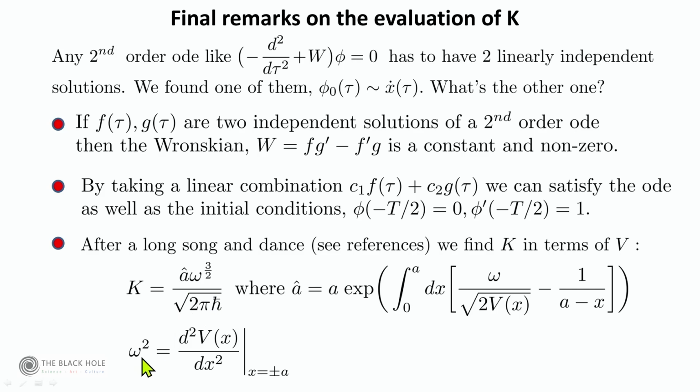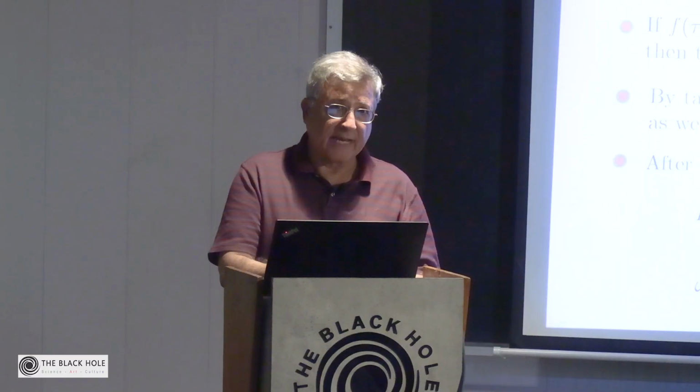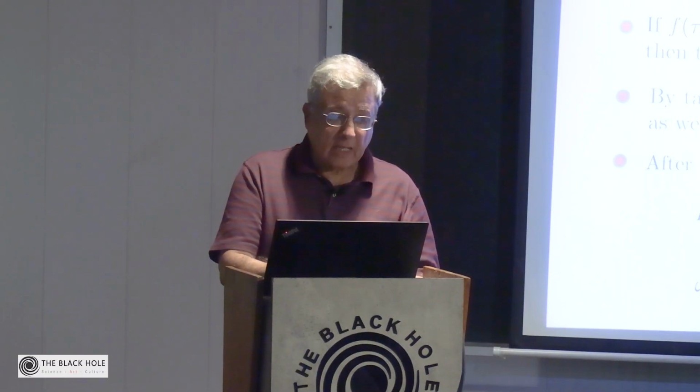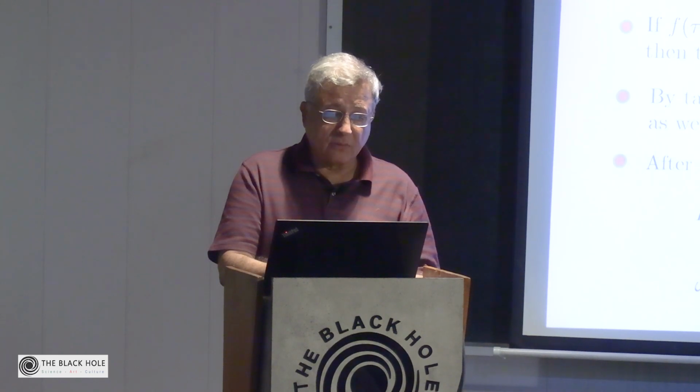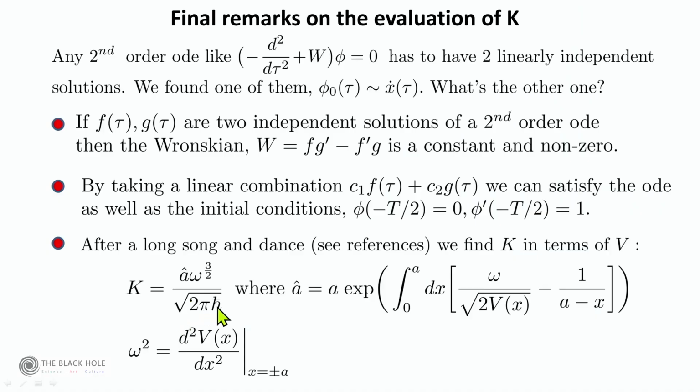What is omega? Omega is the second derivative of the potential at either plus A or minus A. Remember, it's a symmetric potential, and so its second derivative will be symmetric as well. And so this omega is known, of course, that's h bar.